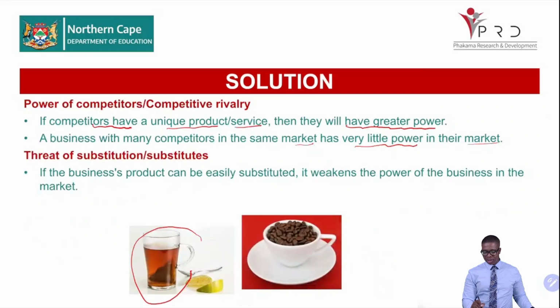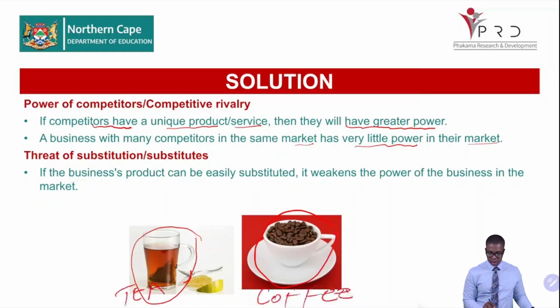So your business will have to check the substitute product, which is coffee, to say now, between my product, which is tea, and coffee, can tea easily substitute the coffee, or can the coffee easily substitute the tea? So if the business's product can easily be substituted, it weakens the power of the business in the market.